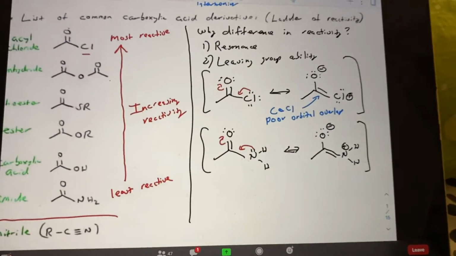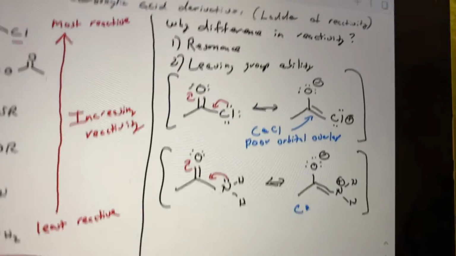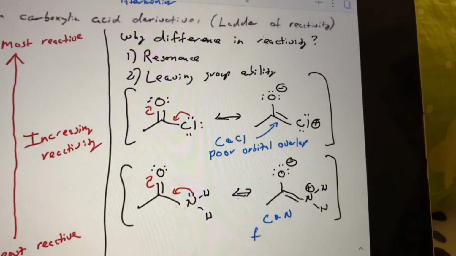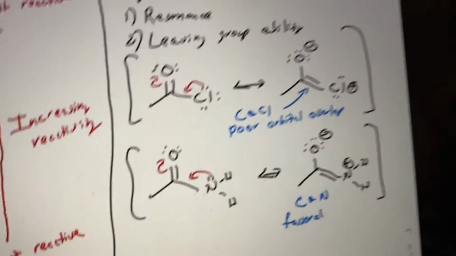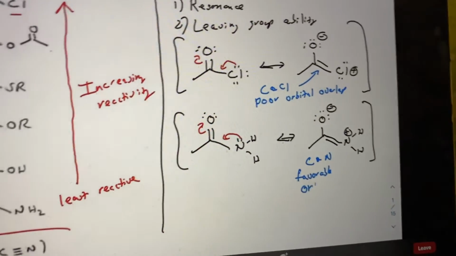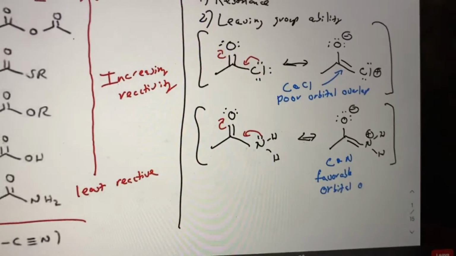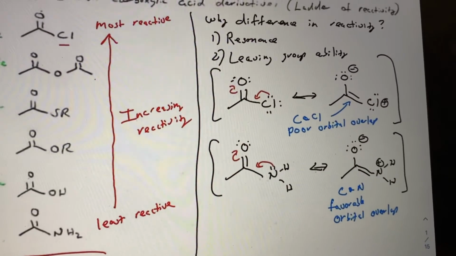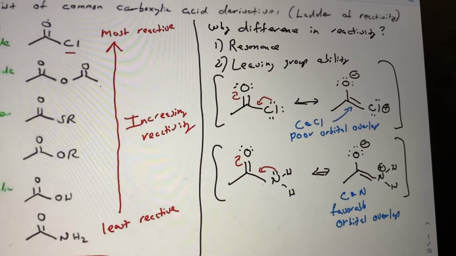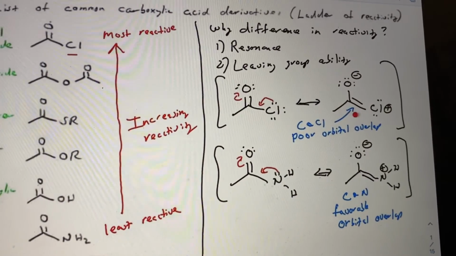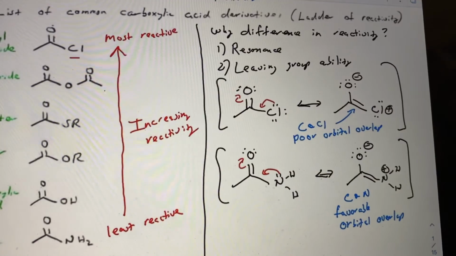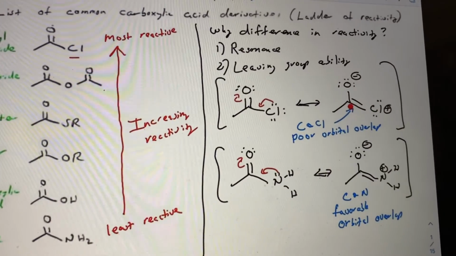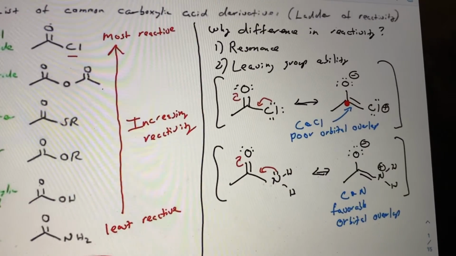Whereas with nitrogen and carbon, there's a very favorable orbital overlap. What this means is that this resonance structure here, in which the chlorine is donating electron density into the carbonyl carbon, is not very favorable.